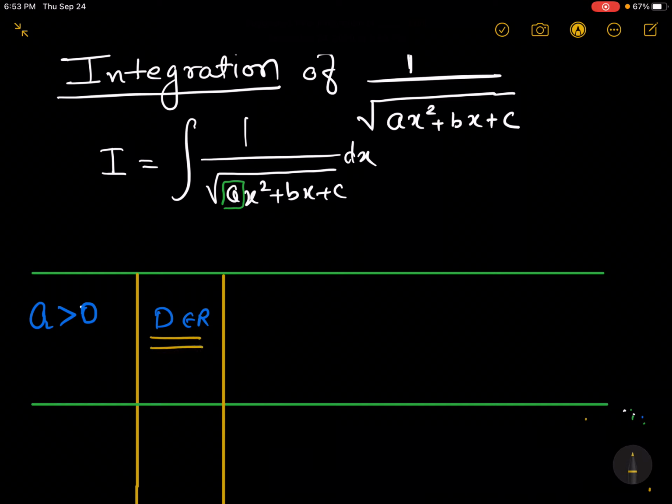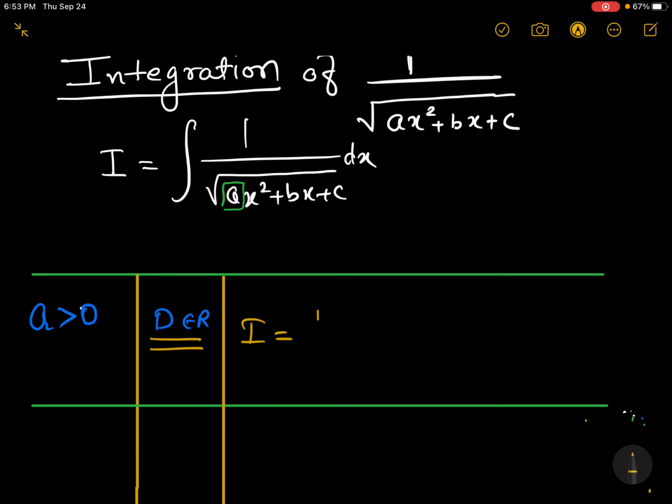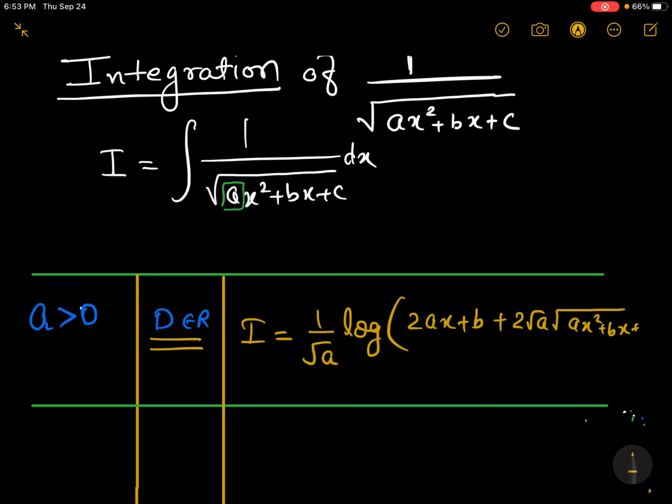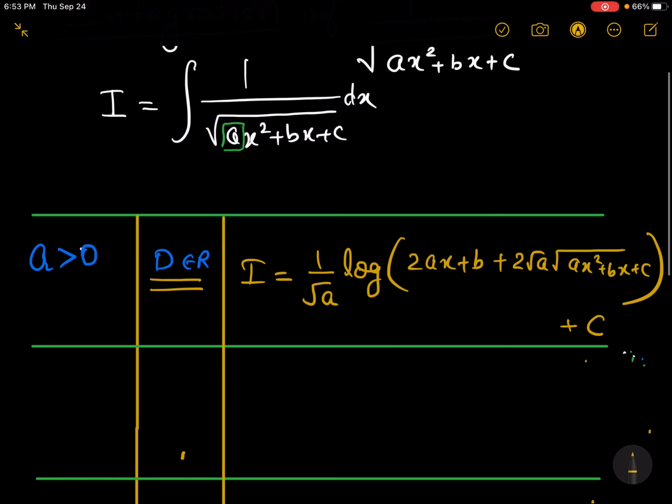Then the answer will be directly, I will be equal to 1 upon square root a log of 2ax plus b plus 2 root a and square root of ax square plus bx plus c. Dear students, plus constant, this will be the answer in this case.